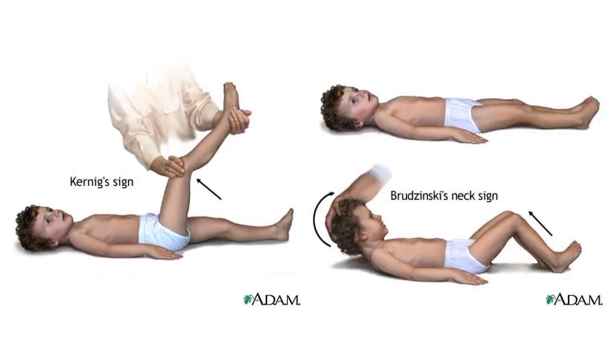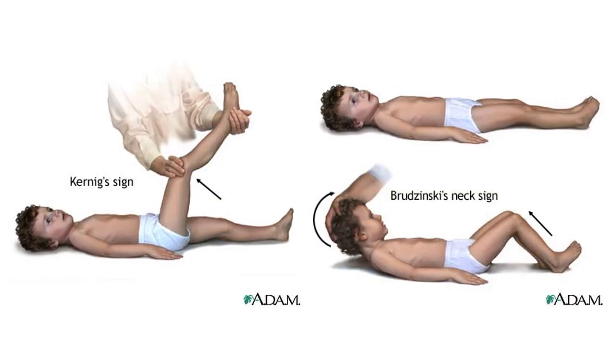This is just a picture demonstrating a Koenig's sign and Brudzinski's sign, both of which aim to assess for irritation of the meninges by trying to stretch them and seeing what response that elicits. With a Koenig's sign, you have the patient lying on their back, like pictured here, and then you bring the hip up to 90 degrees of flexion, as well as the knee to 90 degrees of flexion, and then you slowly try to extend the knee.